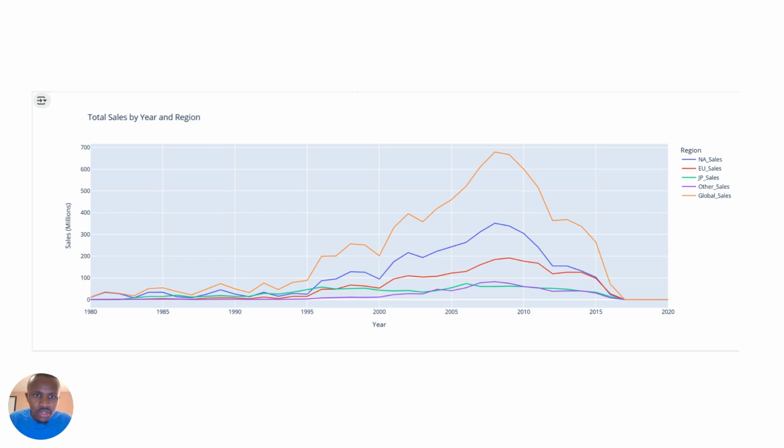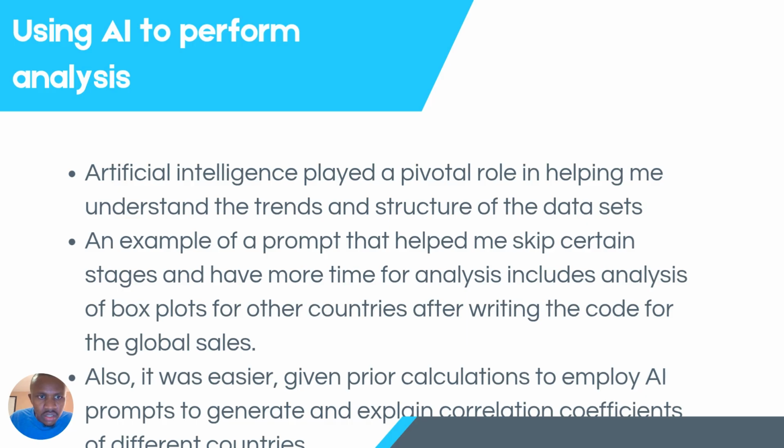Okay, so let's also look at the use of AI to perform analysis. We know that it takes time to gather clean data, to identify which graph is useful for a given analysis, and which metrics you're supposed to use.